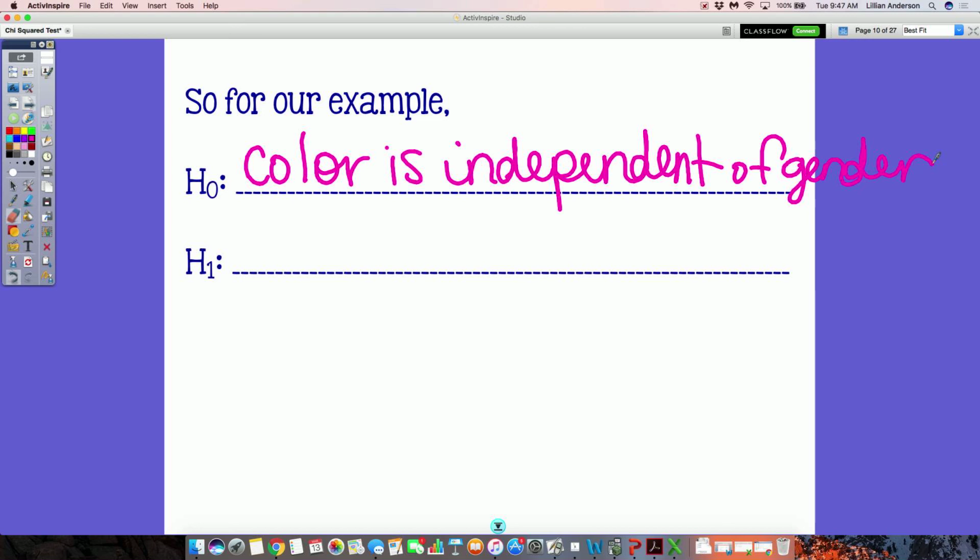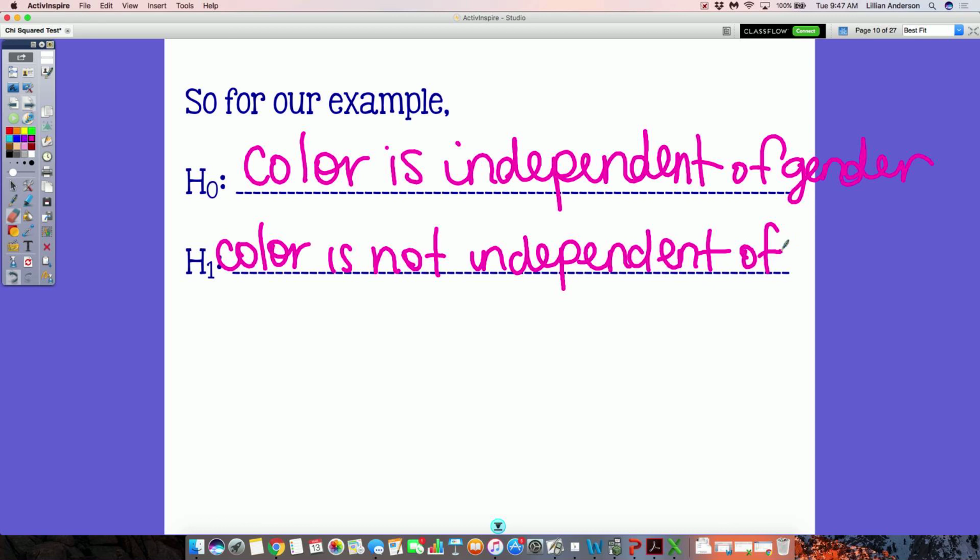So then the alternative hypothesis is what? Color is not independent. You know how there's always those few gimme points in certain problems?